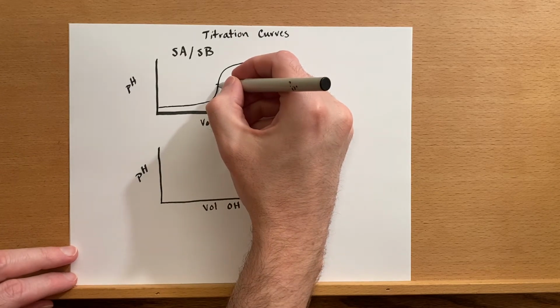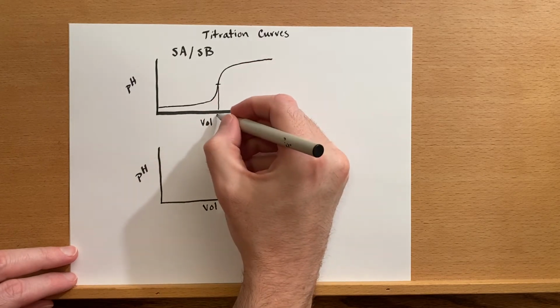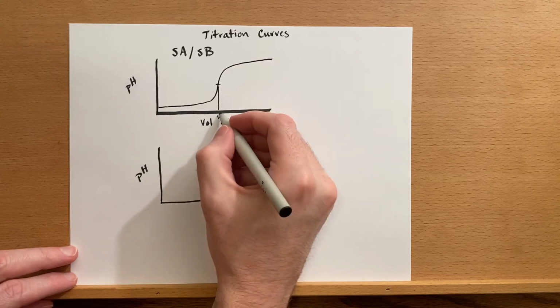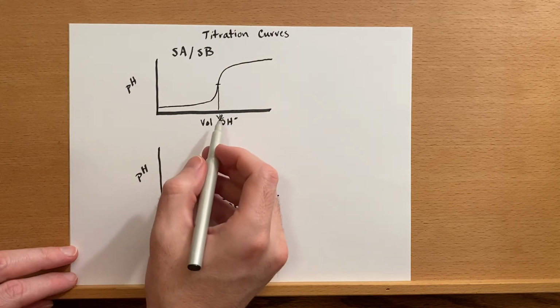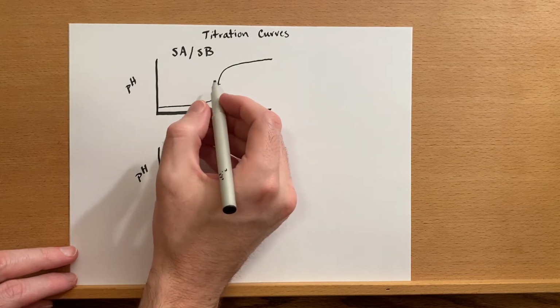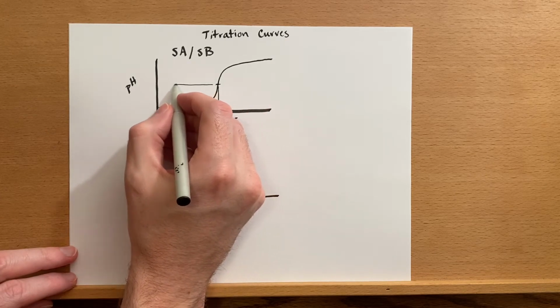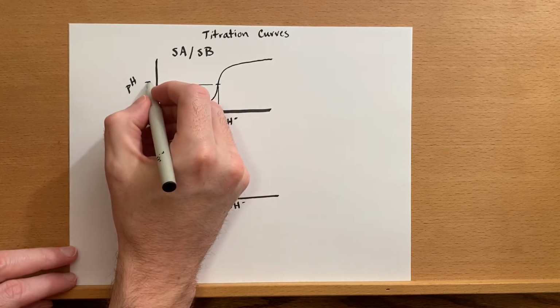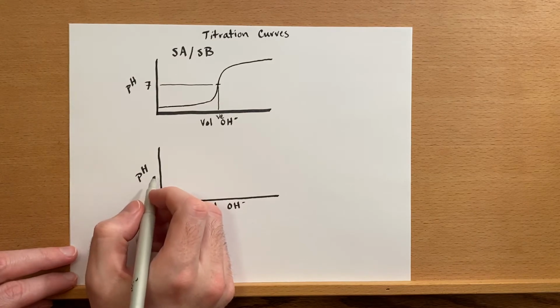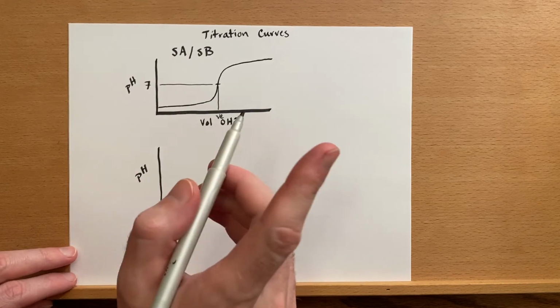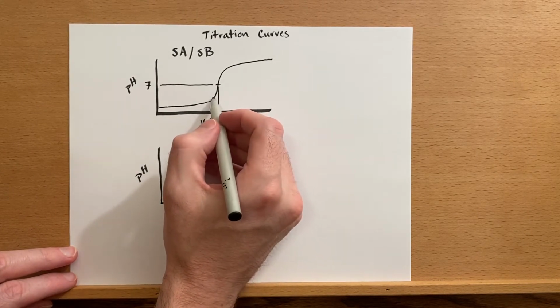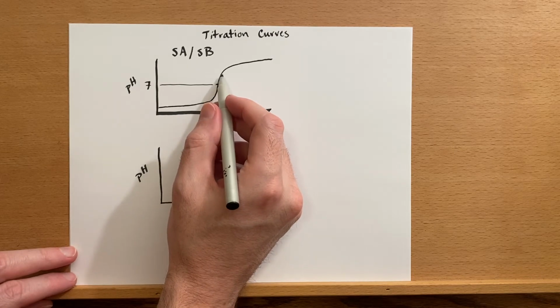That's right here. So that's the equivalence point. And in a strong acid, strong base titration, that will be at pH 7. Now, you'll also notice that this part of the curve is very steep.